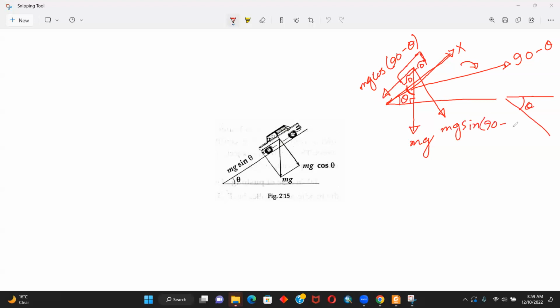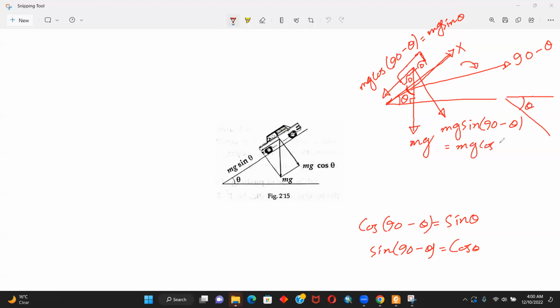Now, I don't know if you have read this, that cosine 90 minus theta equals sine theta, right? So we can transform this to mg sine theta. And also, sine of 90 minus theta equals cosine theta. So this equals mg cosine theta. Is it clear?